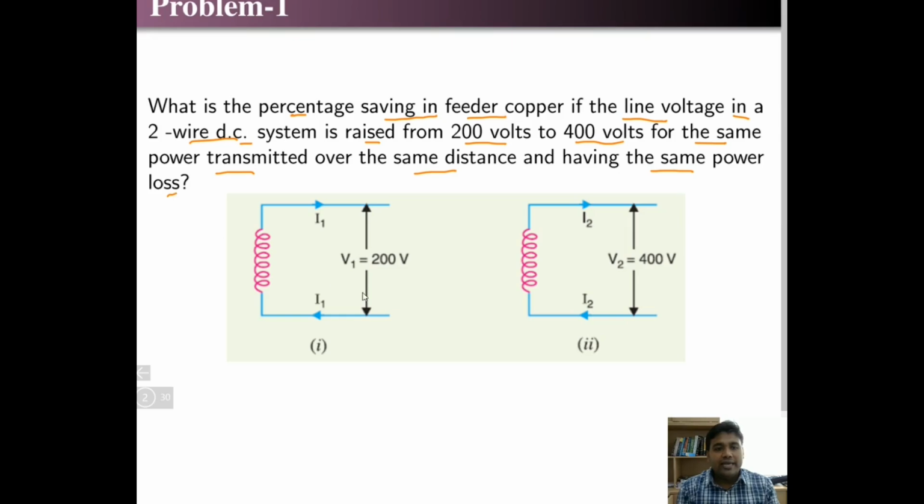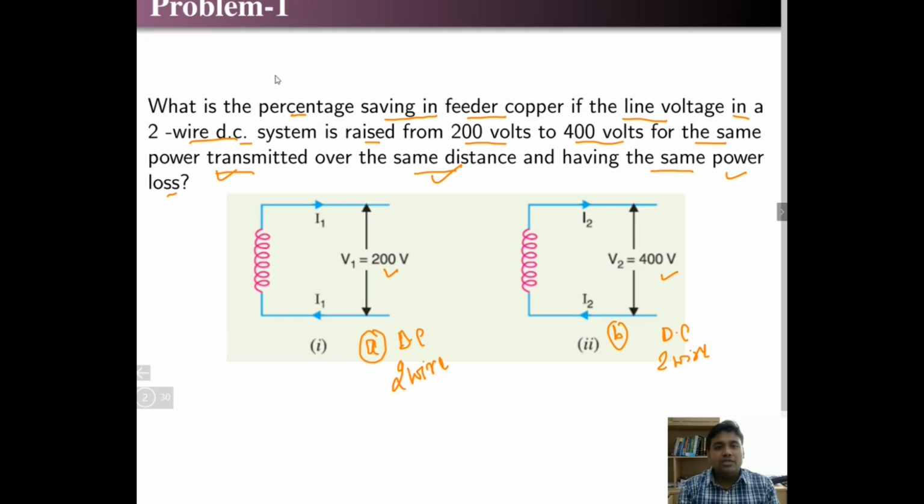So the case A that we are taking is basically a two-wire DC system, and case B is also a two-wire DC system, but the voltage is increased from 200 volts to 400 volts, keeping the power transmission, distance and power loss constant.